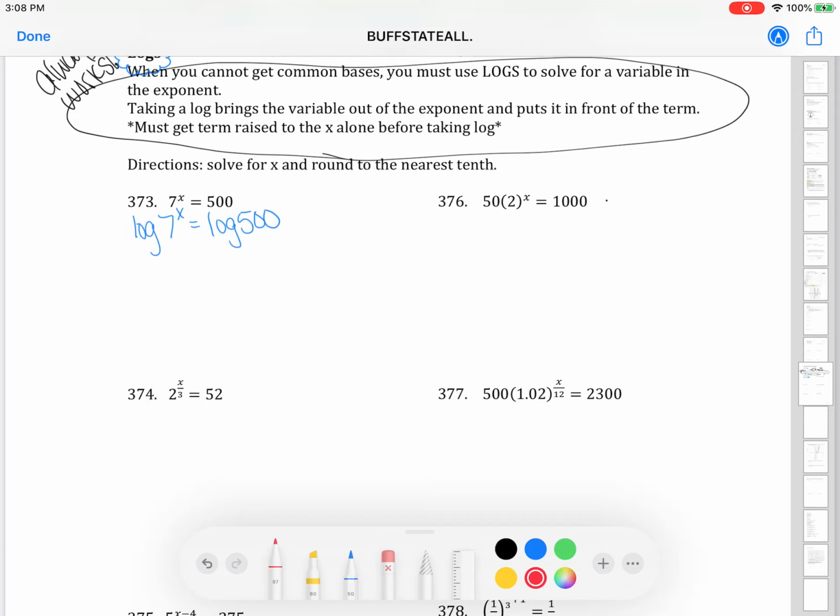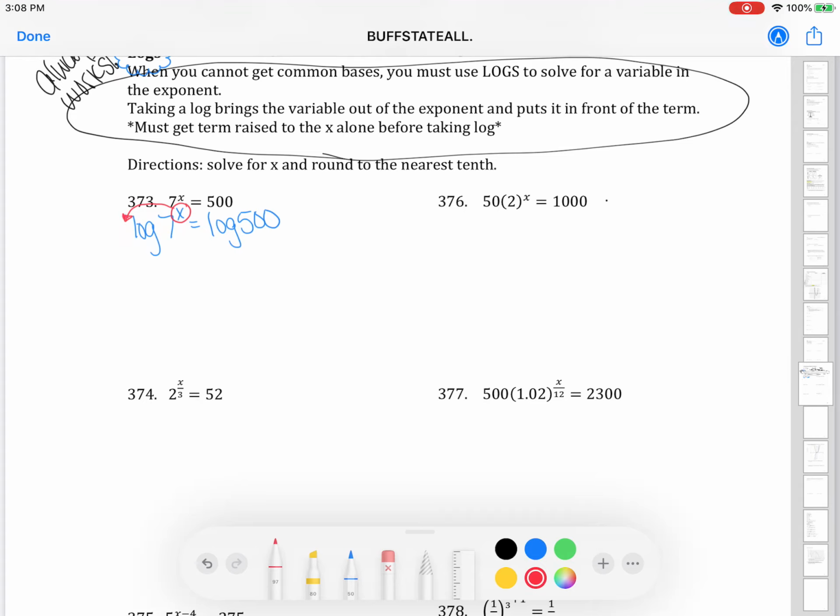Notice the 7x comes down and the 500 comes down. All I did was add the word log. Now, log is actually an operation. It's something that can just be done on the calculator, but its purpose is to make this not an exponential equation anymore. It takes your variable that's up in the exponent and it brings it down.